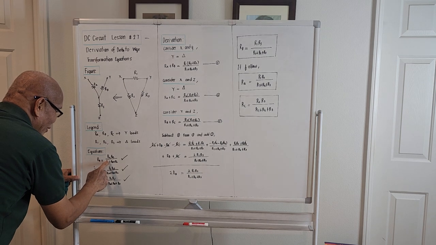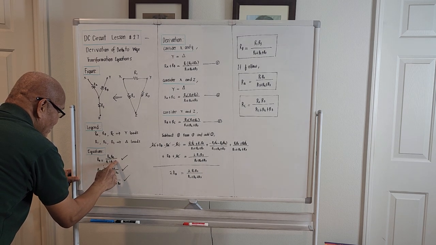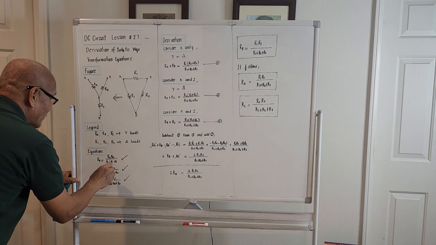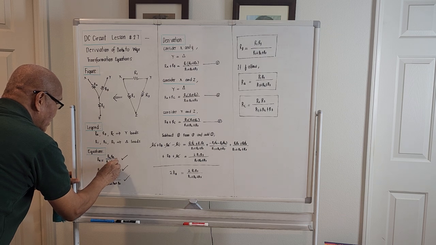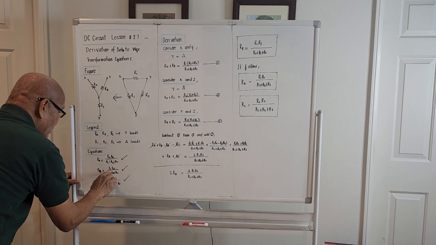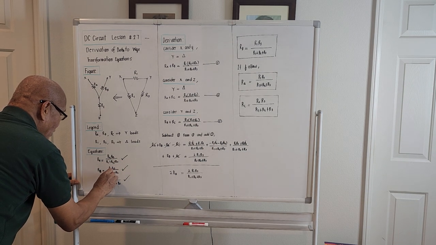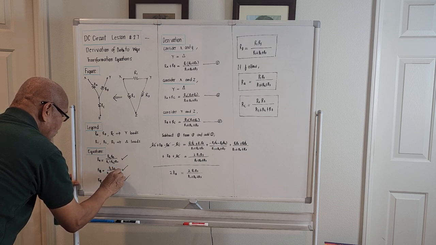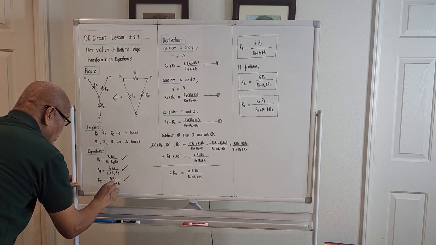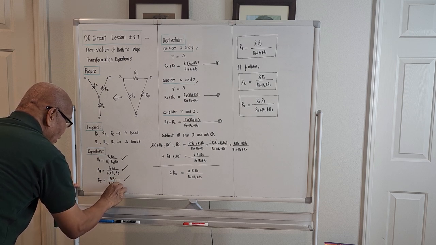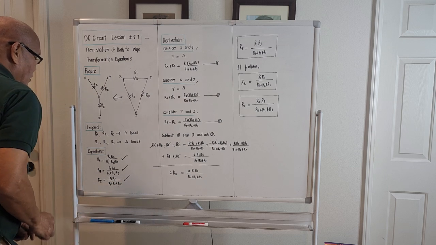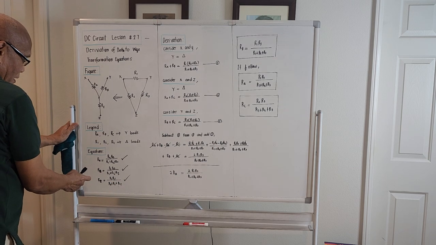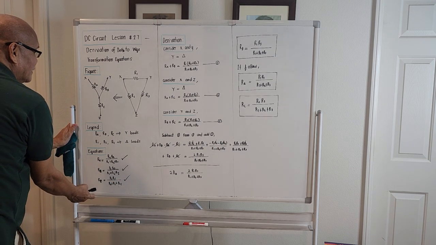So I will go back to this. The denominator will be R1 plus R2 plus R3. Anyway, it's still the same. Oh, these are the correct formulas now: RA, RB, and RC.